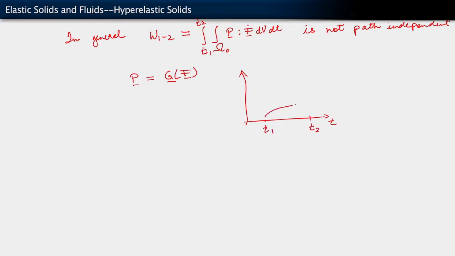If you could take one path between T1 and T2, so you get to F2 from F1, you may have a certain amount of work in going from T1 to T2. And if you take a different path, if this is path A and path B, depending upon the path that you take, you'll have different amounts of work.